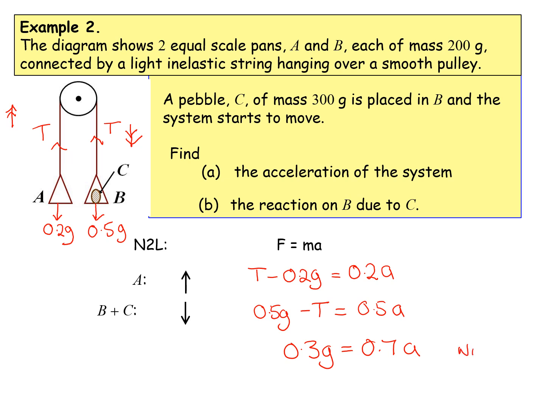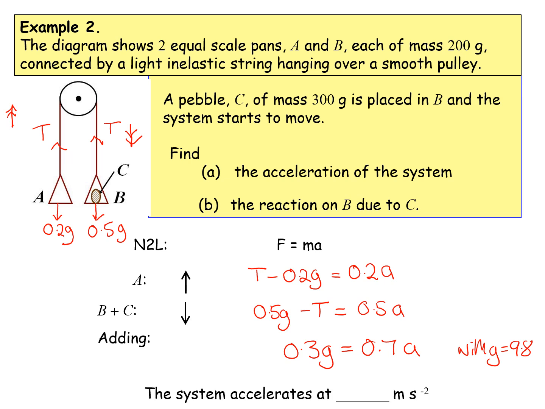So with g equal to 9.8, 9.8 times 0.3 divided by 0.7 comes out at 4.2. So a is 4.2. If you want the tension, you can just put it back into the equation.